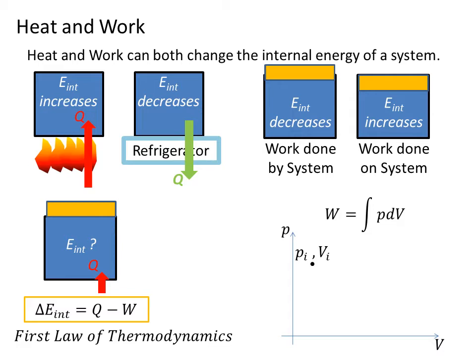If our system starts out with an initial pressure and initial volume indicated by the black dot, and we want to travel over to a final pressure and a final volume by some path, here we're taking one that goes straight across and then straight down. Then the work done in going from the initial to the final state of the system is given by the area under the curve. This is the integral of P dV, so it's the area of that rectangle.